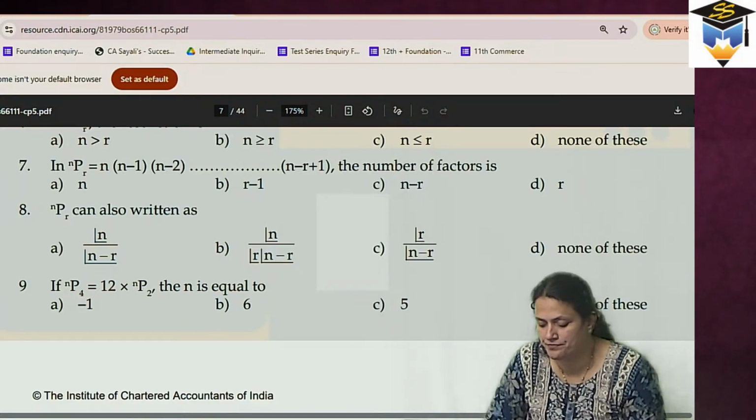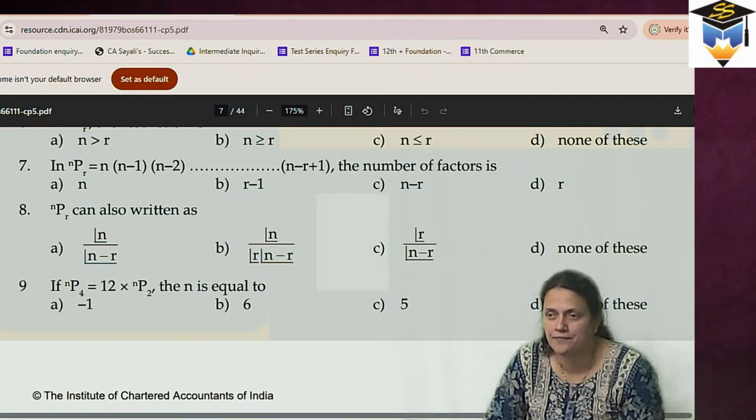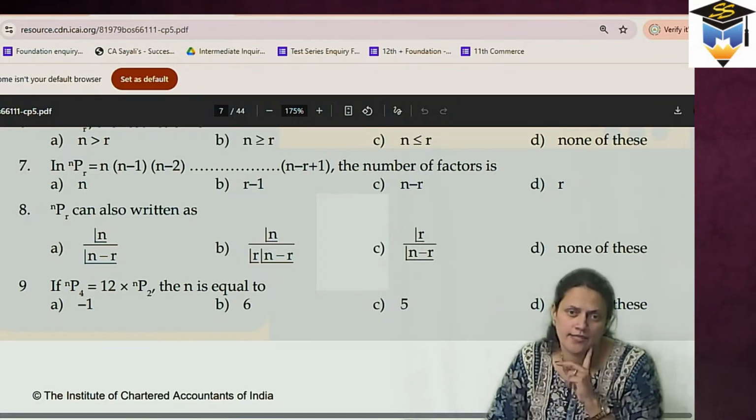The 7th one. How many factors will be there? n minus r? The number of factors is r. So r factors are there. Is it right?